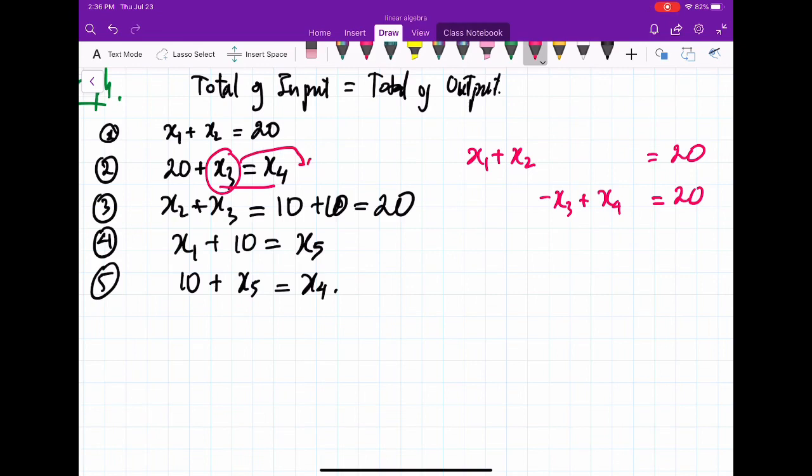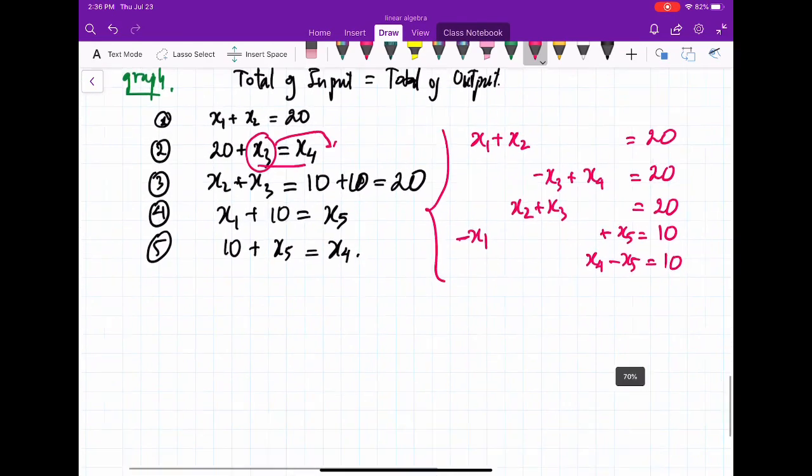The third equation looks like x2 plus x3 equal to 20 again. The fourth one looks like negative x1 plus x5 equal to 10. I just want to keep positive numbers over there. And then the last one looks like x4 minus x5 equal to 10.